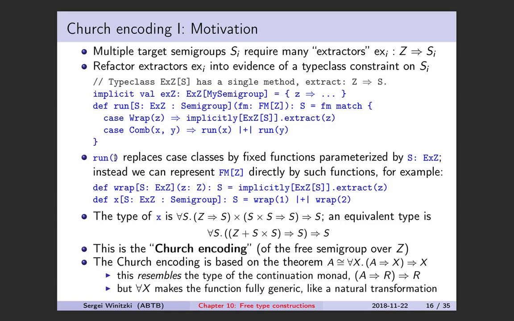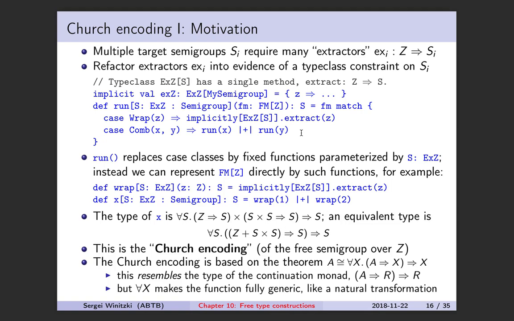What the run does is that it replaces these case classes by some fixed functions. And these fixed functions are parameterized by a semigroup having this extractor constraint. So all we have done is first we have created a value of a free semigroup, which will be some case classes, and then we just translate these case classes mechanically into these fixed functions.